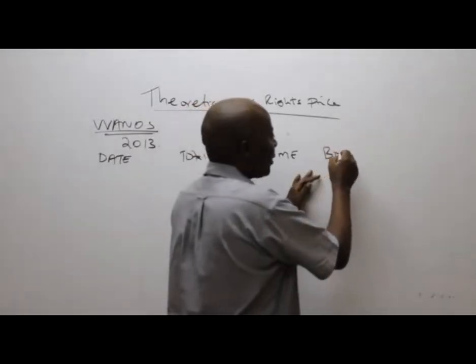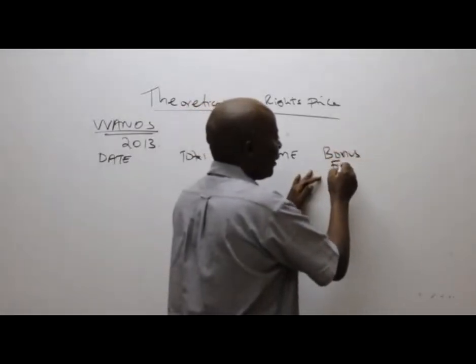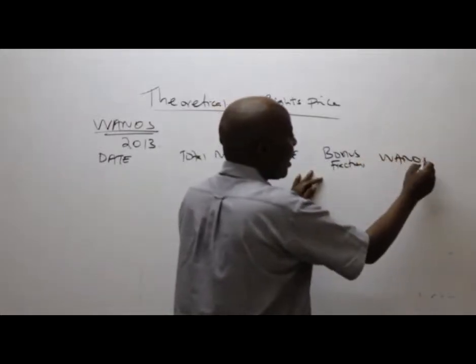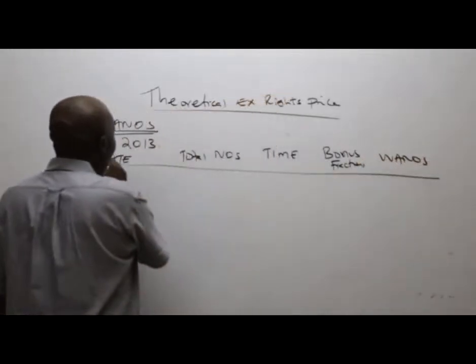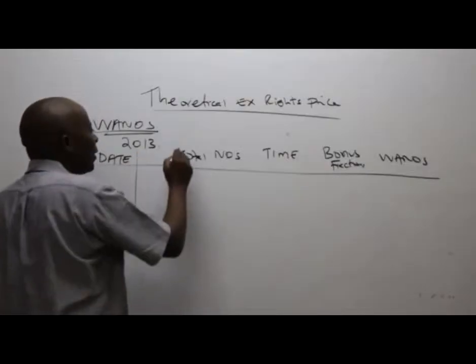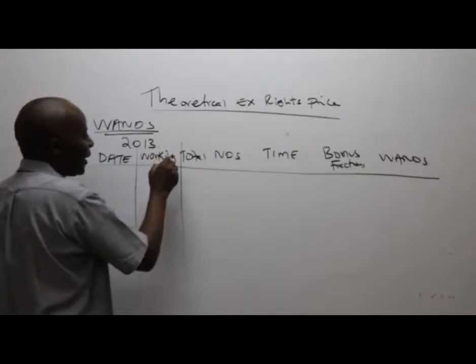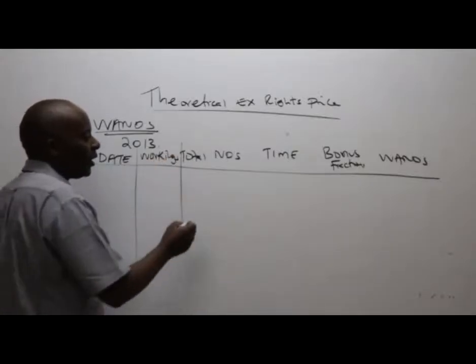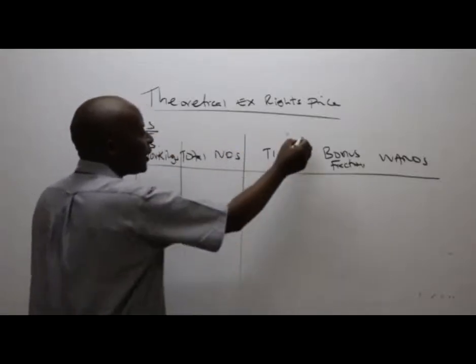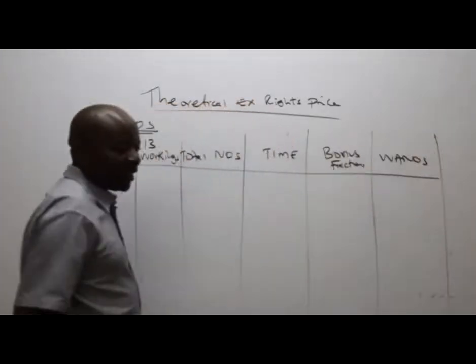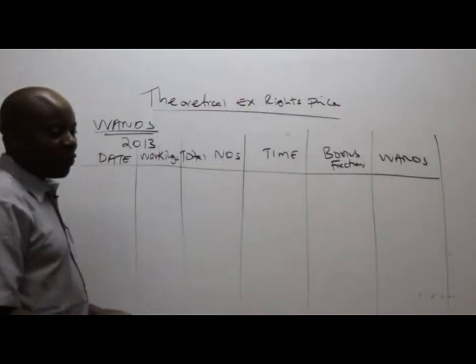We have the bonus or the rights fraction, isn't it? And then lastly, we have what here? The one-os like that. Remember, you must isolate. If you want, you can also put workings in the middle there. I have seen some putting workings in the middle, which is still okay. So we have the total number of ordinary shares, we have time, we have bonus fraction, and then we have one-os like that.